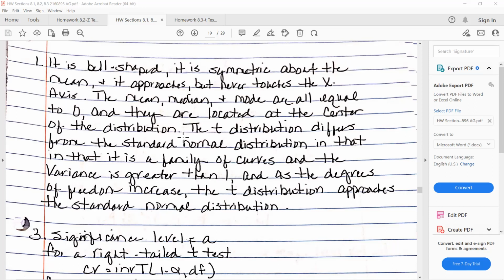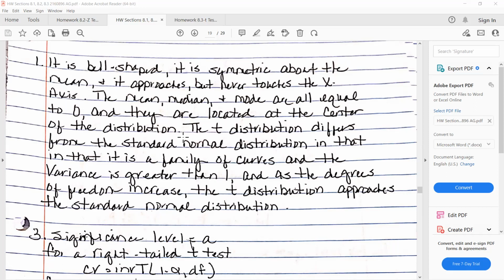So those are all the assumptions. You can use bullet points. You don't have to use full sentences if you don't want to, but you need to get the points across. So bell-shaped, symmetric about the origin.